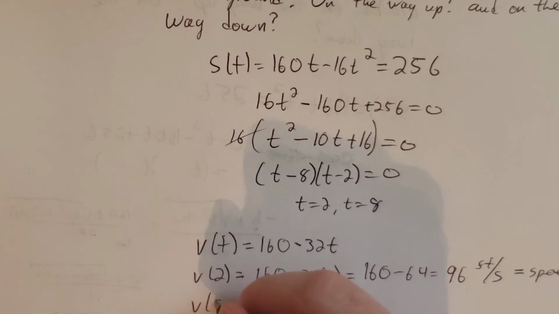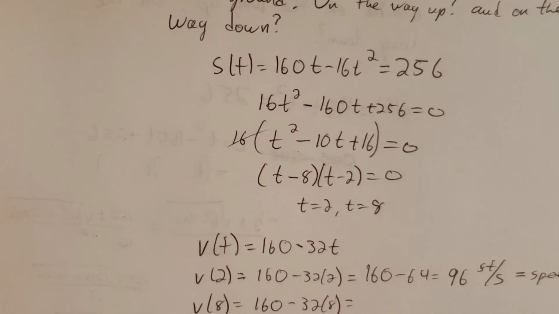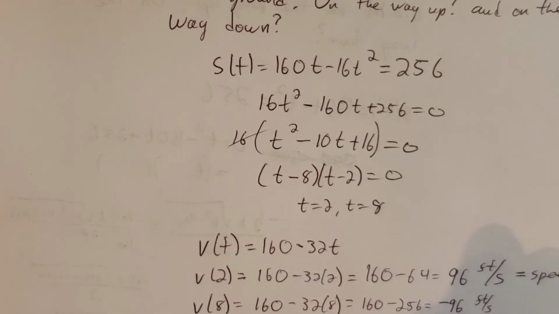Then what about on the way down? Well, that is the velocity at v of 8. So this is 160 minus 32 times 8. 32 times 8 is 256. So that's 160 minus 256, which is equal to negative 96 feet per second. So the velocity at 8 seconds in is negative 96 feet per second.